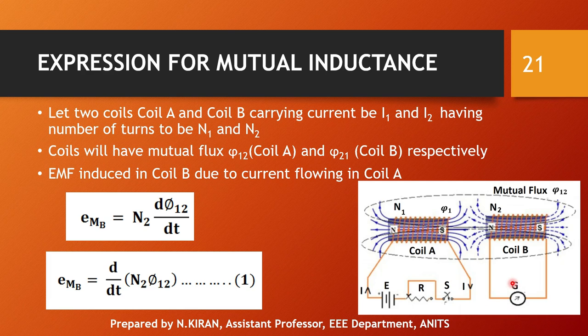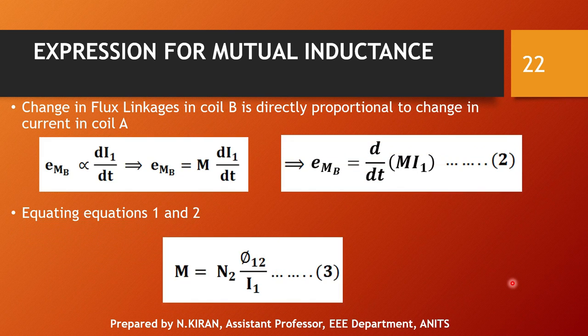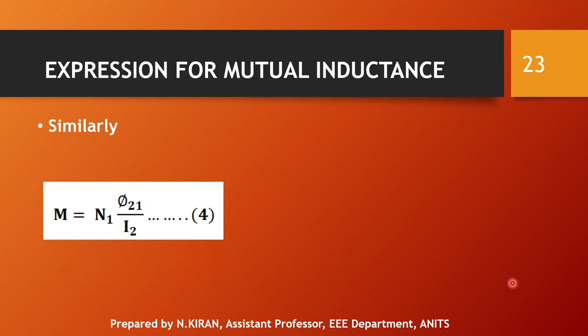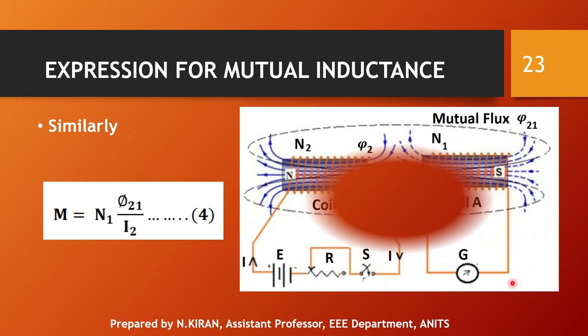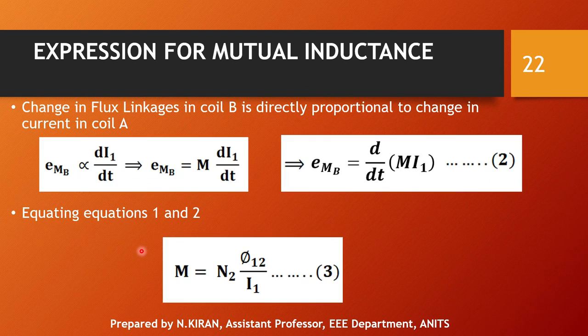Now let us interchange the positions. So let me consider coil B to be connected to a battery and rheostat, and coil A connected to a galvanometer. In the previous case, we got the expression M equal to N2 phi12 by I1, where N2 is the number of turns of the second coil, phi12 is the mutual flux, and I1 is the current flowing in the first coil.